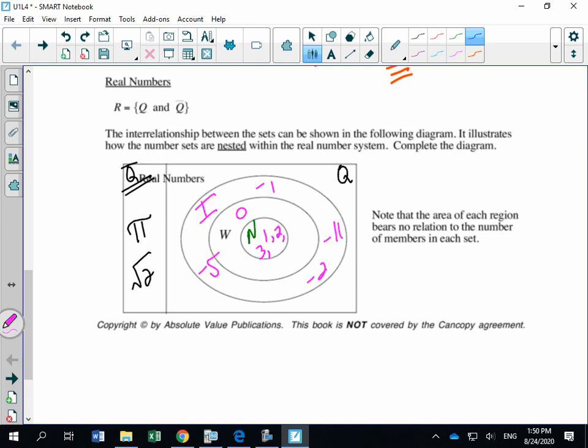Those are my integers. Then outside of the circles, but within this box, these are my rational numbers. So those are Q's. These are all going to be rationals, but they wouldn't belong to integers, whole, or natural. Those are any of your decimals. So for example, 0.5, which is 1/2.